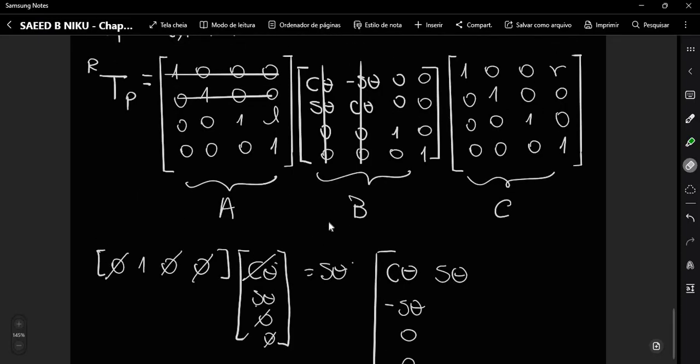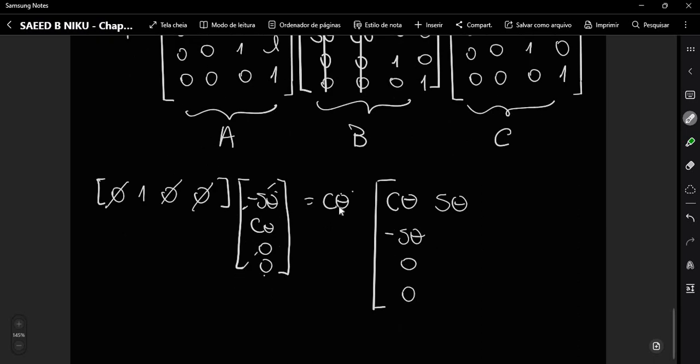Now, again, minus sine of theta, cosine of theta, 0 and 0. And we will obtain cosine of theta. So this element is cosine of theta.